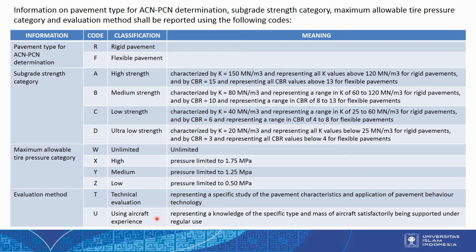And the code U stands for using aircraft experience, representing knowledge of the specific type and mass of aircraft satisfactorily being supported under regular use. So this is the code for the ACN-PCN codes. So we will know what each letter in the ACN-PCN code stands for. So this is the code and the classification.